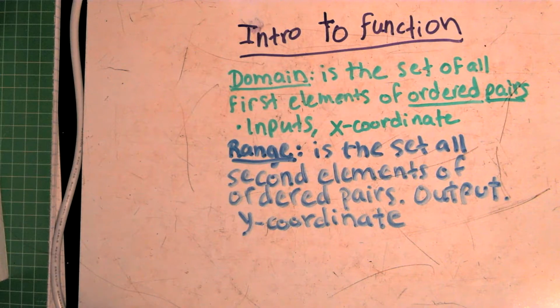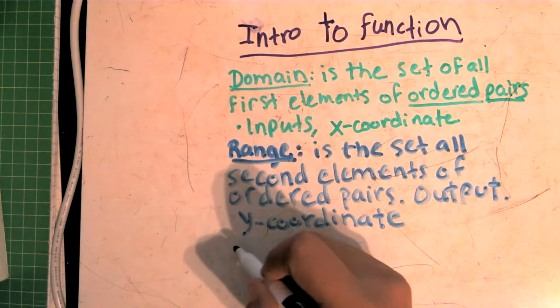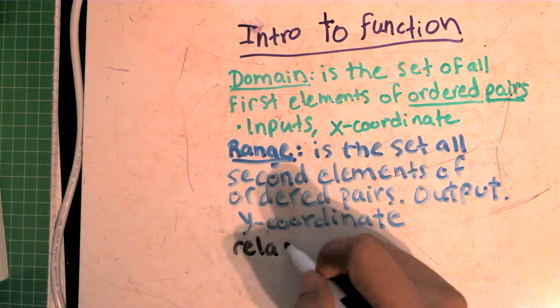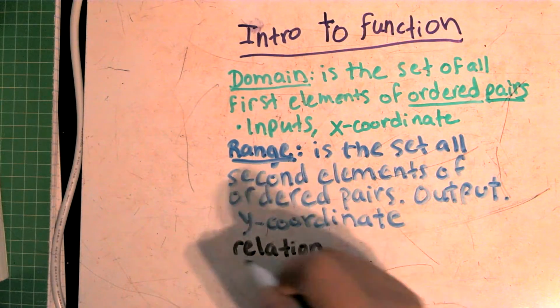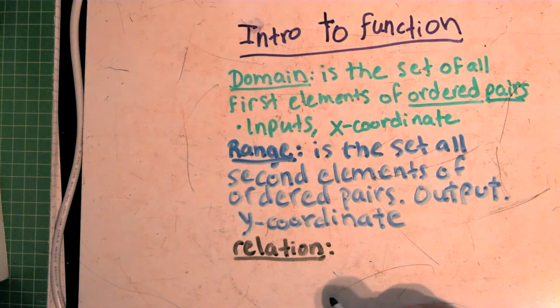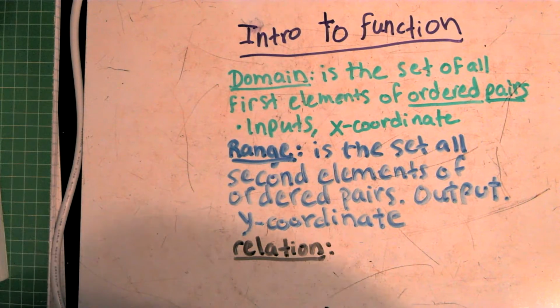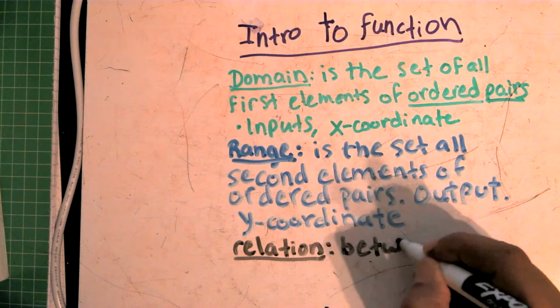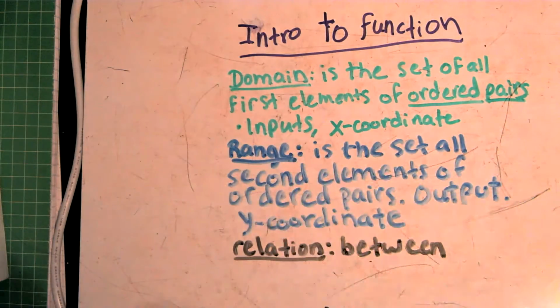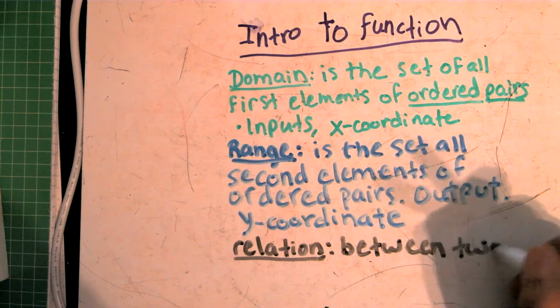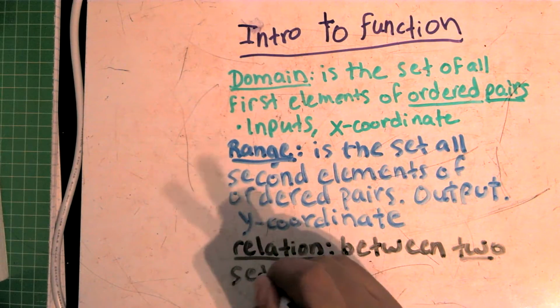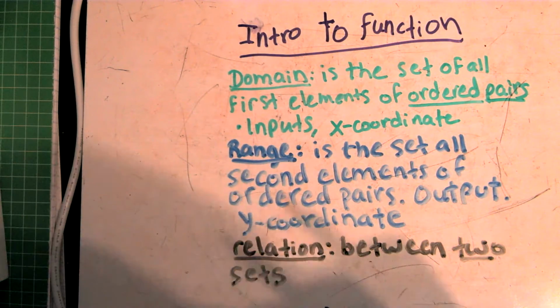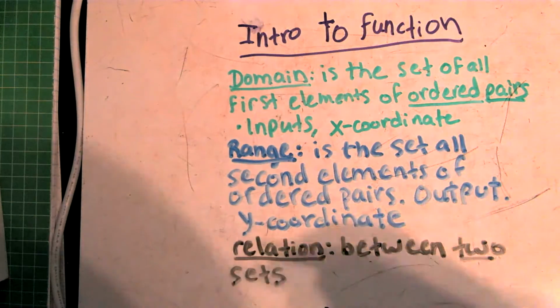Now, before we talk about functions, we should really talk about what a relation is. Not relationship, but the two words are kind of related. Okay? A relation between two sets. So we're looking at two distinct sets of ordered pairs.